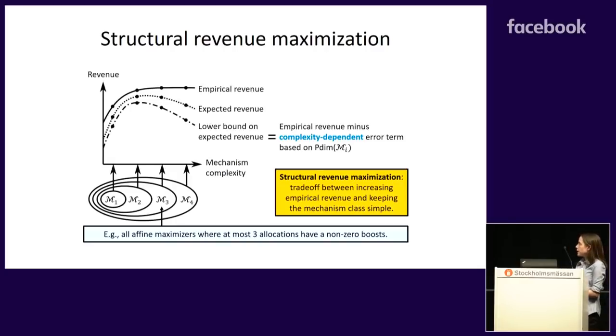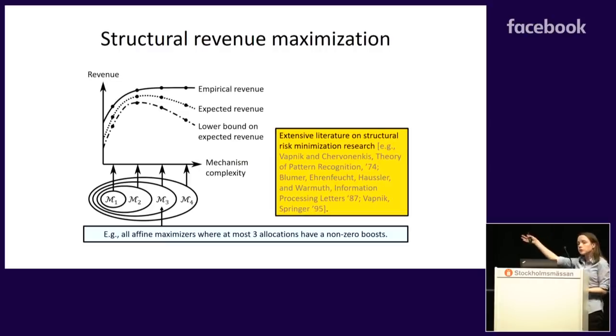Okay, and this might sound familiar, this kind of model selection framework. And of course, structural revenue maximization builds off of a whole rich literature on structural risk minimization in machine learning more generally.